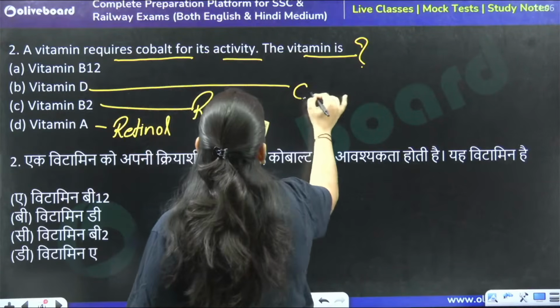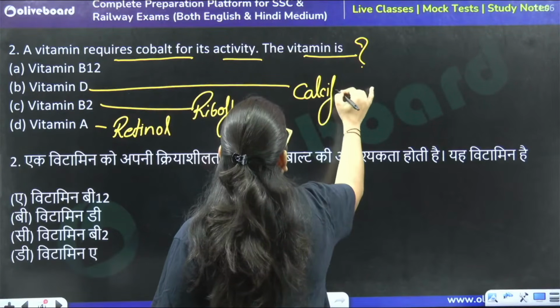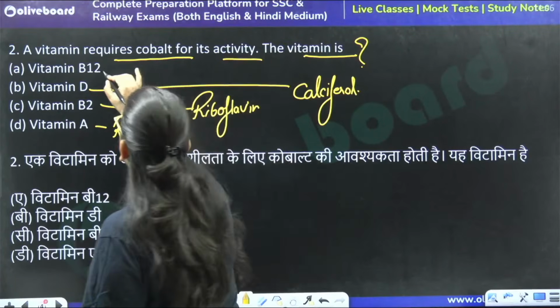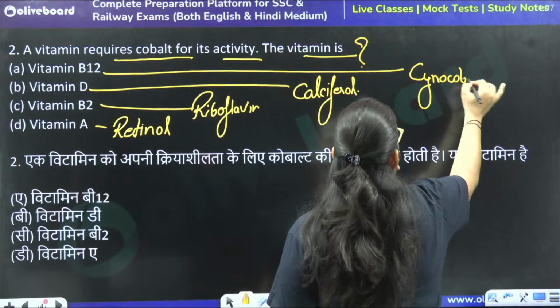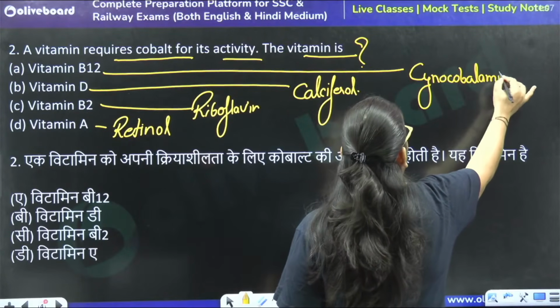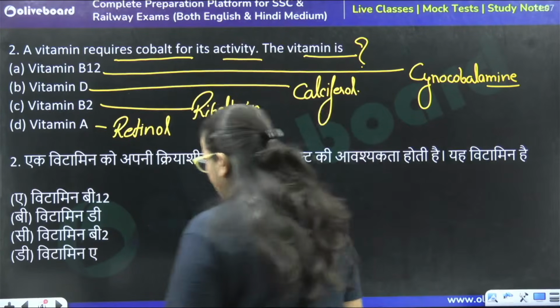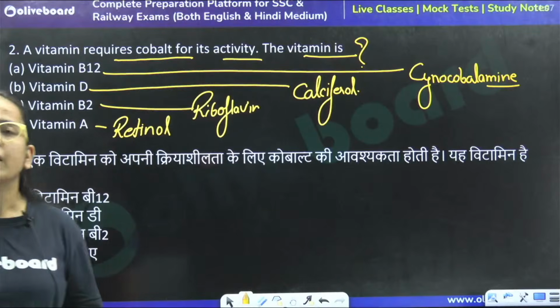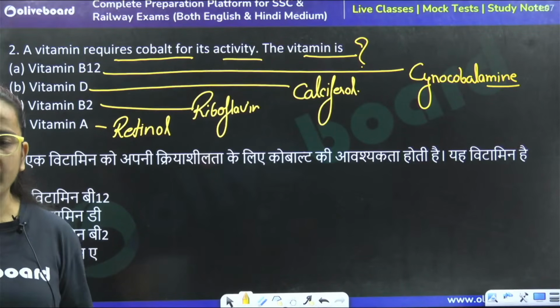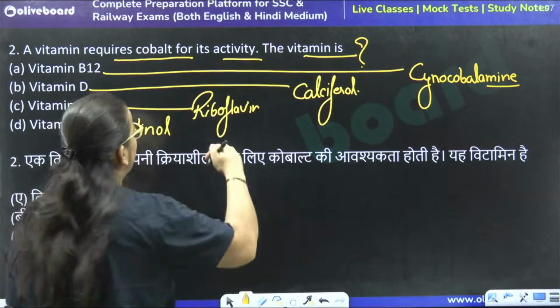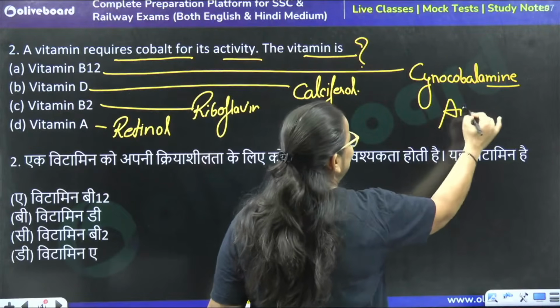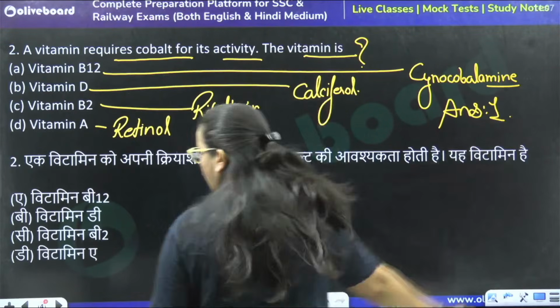Vitamin D, chemical name is calciferol. Vitamin B12, chemical name is cyanocobalamin. So cyanocobalamin is basically the cobalt part, as the chemical name suggests, and that's your answer, right? The correct answer of this question is 1.